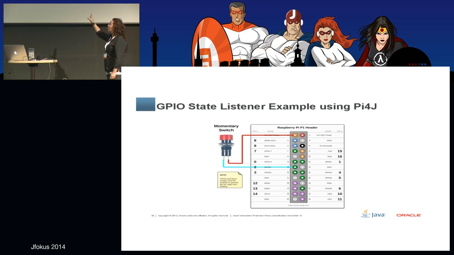Okay, so again, numbering is totally different. The reason for them to have this number convention is sometimes the pins will change depending on the release. So they wanted to make sure that their API will work no matter what model of the Raspberry Pi you're using. So that's why they didn't use the Raspberry Pi one.